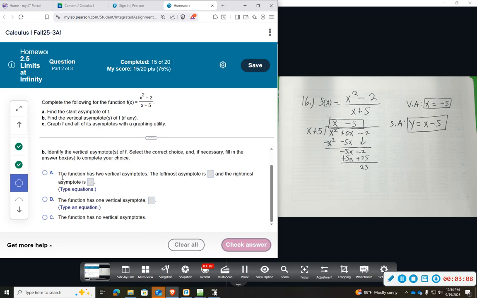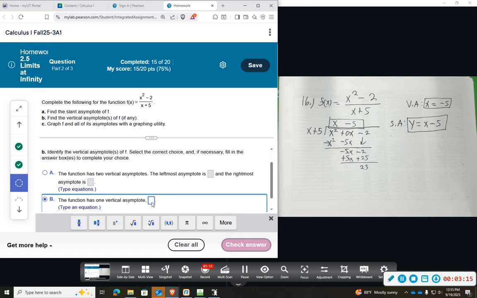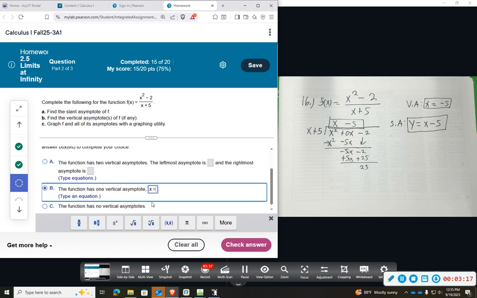Vertical asymptote, only one: x equals negative 5.